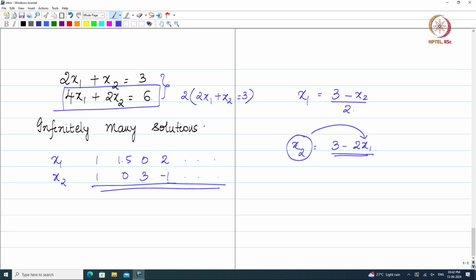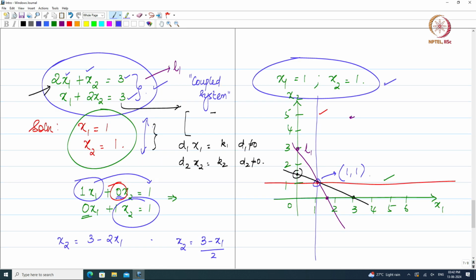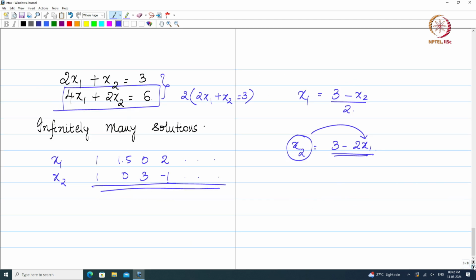Whereas in this example, from the first equation you get x2 is equal to 3 minus 2x1, and from the second equation you get 2x2 is equal to 6 minus 4x1, which again says x2 is equal to 3 minus 2x1.